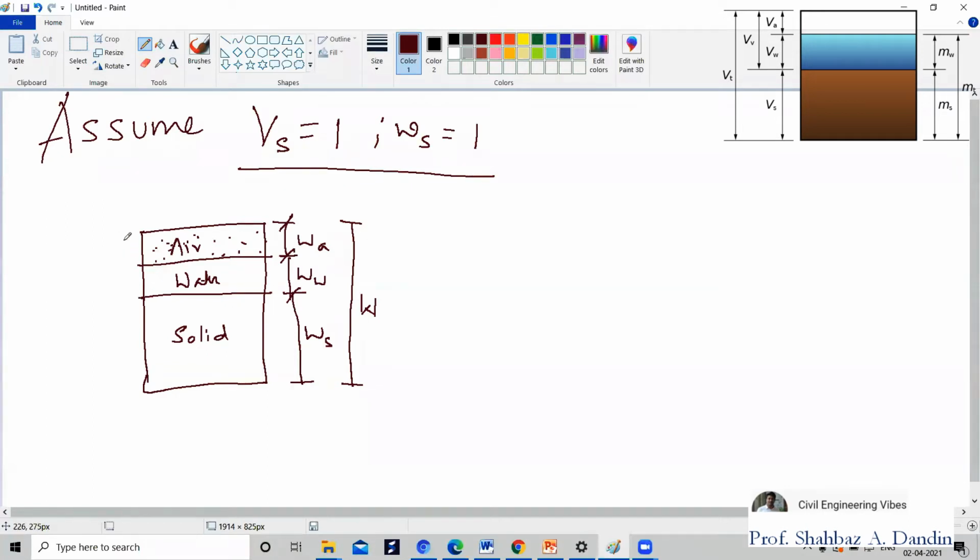Okay. Next I'll be giving the volume relationship here. I can say this one as volume of solids, volume of water, and this is volume of air. Volume of air plus volume of water, can I say as volume of voids?